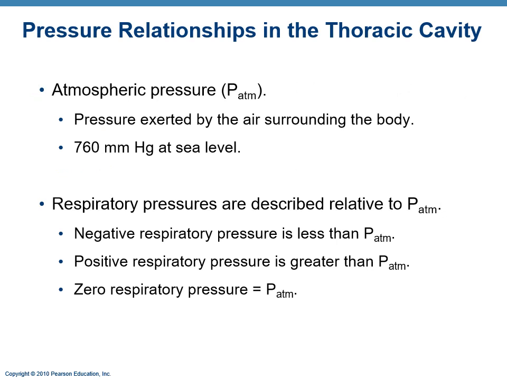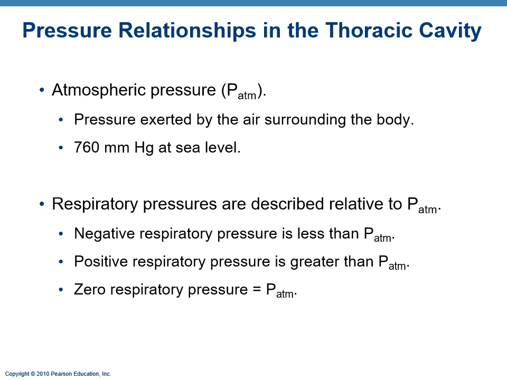This necessitates us looking at the pressure relationships within the thoracic cavity. Atmospheric pressure outside the body, P ATM, is the pressure exerted by the air surrounding the body. Where we are at sea level, atmospheric pressure is 760 millimeters of mercury.